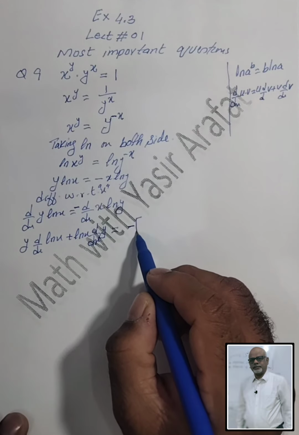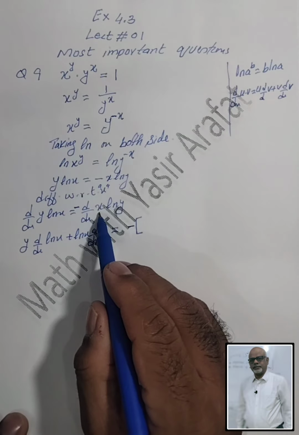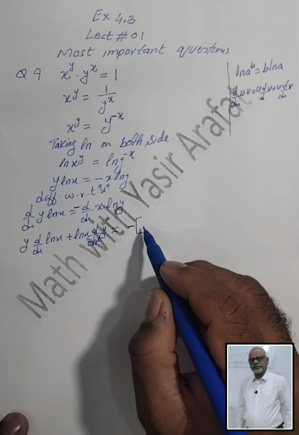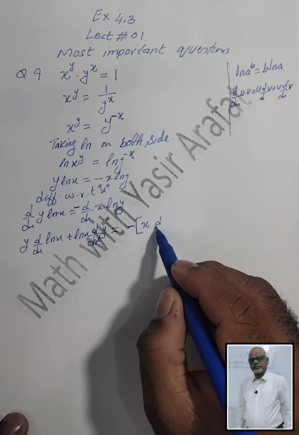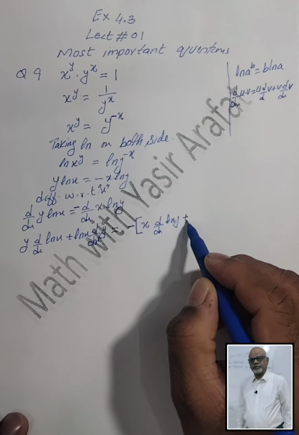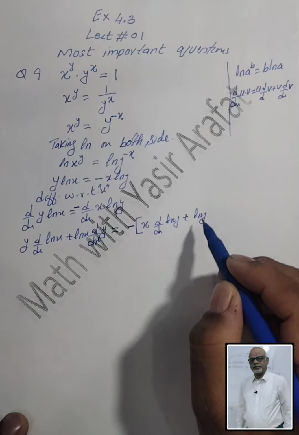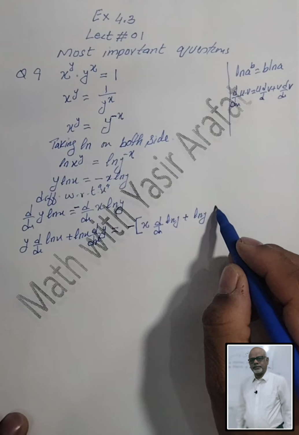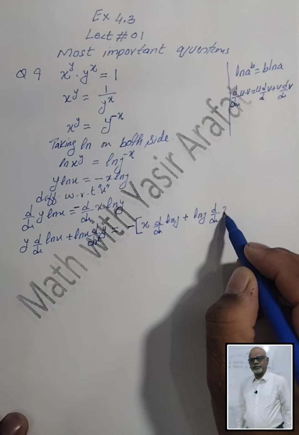This negative sign remains same. So here u is x and the v is ln y. So u as it is, derivative of y, v as it is, derivative of u.